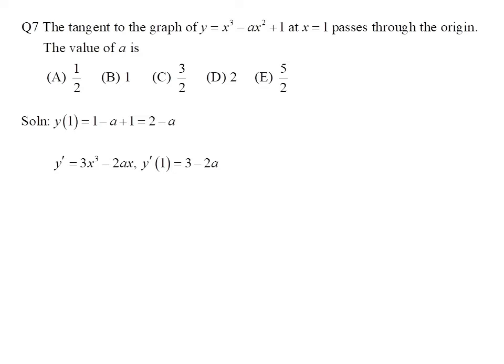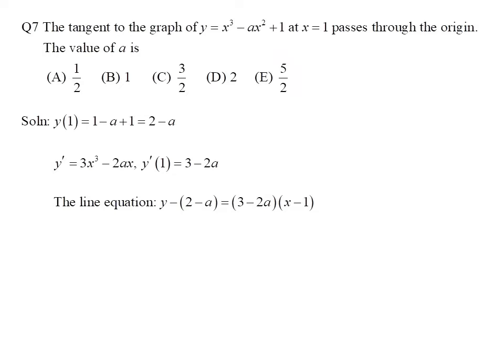Since the derivative function y prime equals 3x squared minus 2ax, the slope of the tangent at x equals 1 is y prime of 1, which equals 3 minus 2a. Hence, we have the line equation established: y minus (2 minus a) equals (3 minus 2a) times (x minus 1).